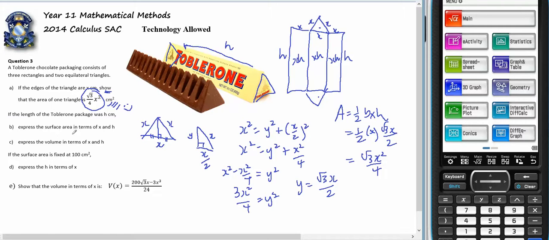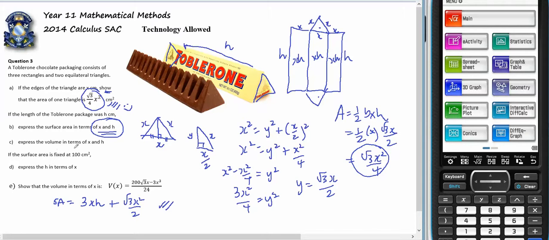Part B, express the surface area in terms of x and h. Well, surface area is going to be 3 rectangles, which will be 3xh, because each of the rectangles is xh, plus 2 triangles, so 2 of these, which will be root 3 x squared on 2. And that's the surface area in terms of x and h.